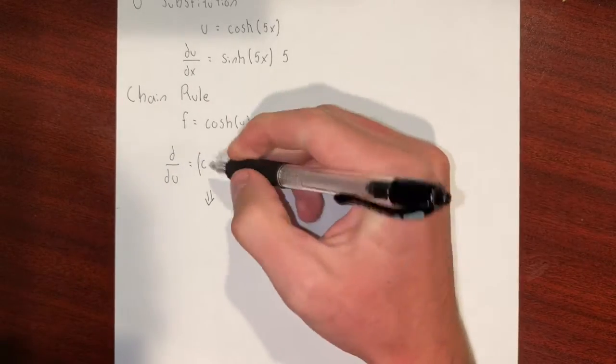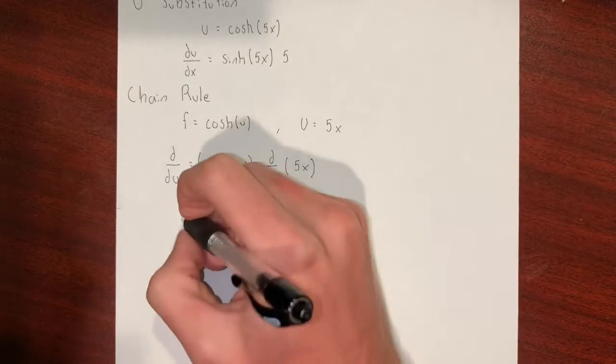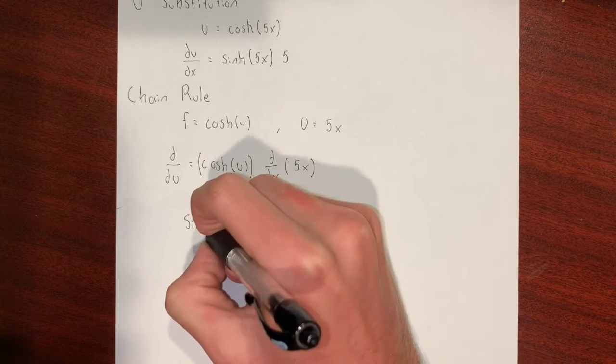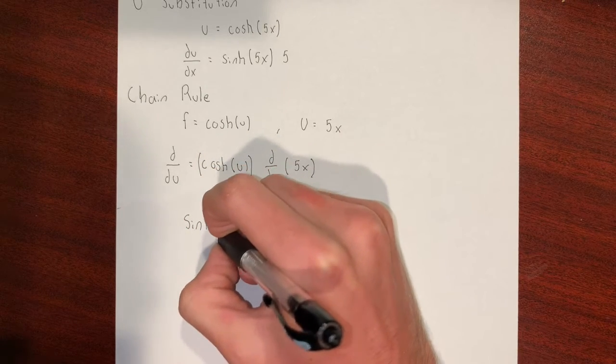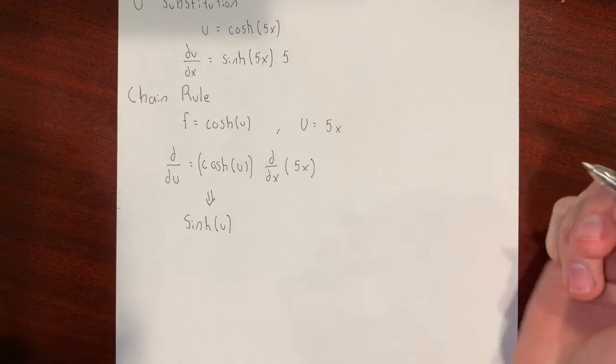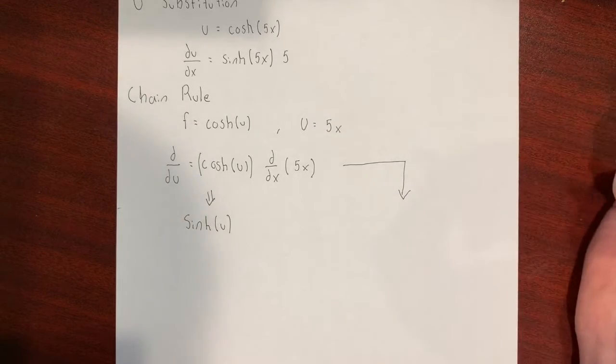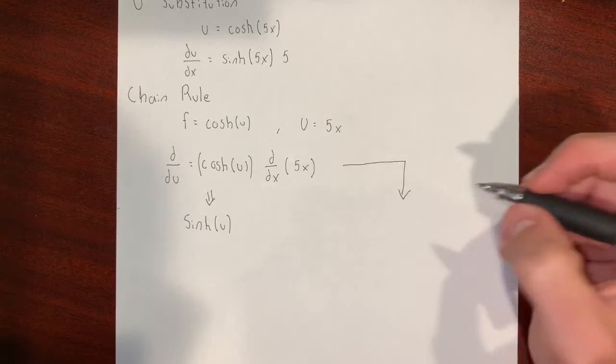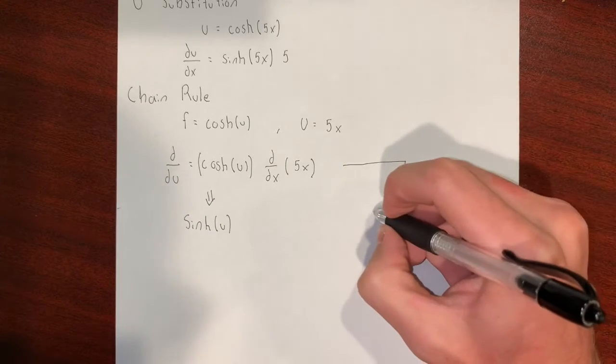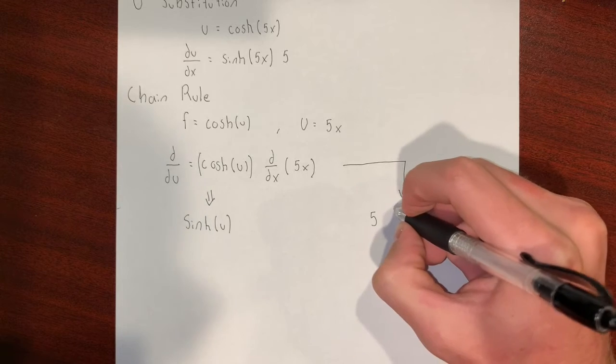So first I'm going to start with the cosh of u, which then goes to the sinh of u. And this one I'm going to take over here. And for this, we're going to want to take out the constant, so I'm going to have my 5 out front.